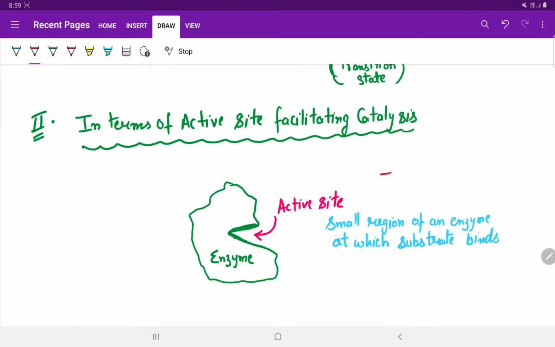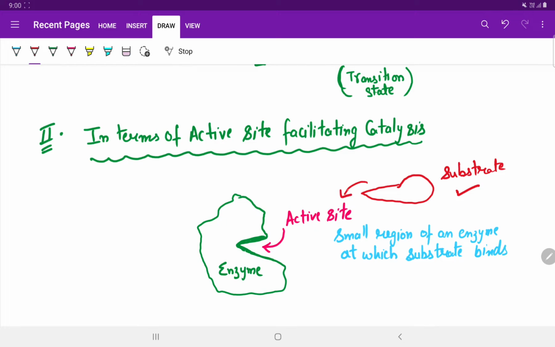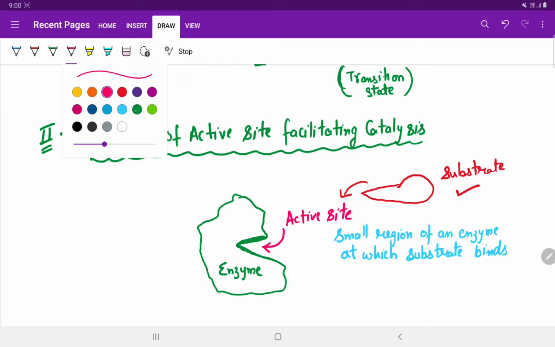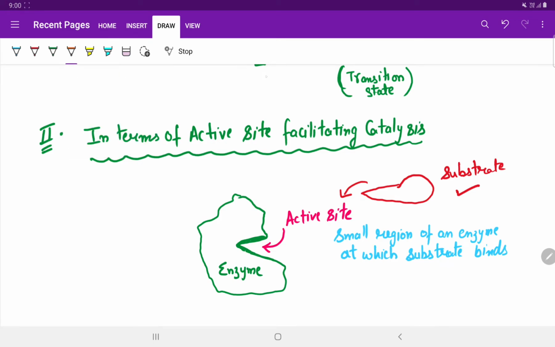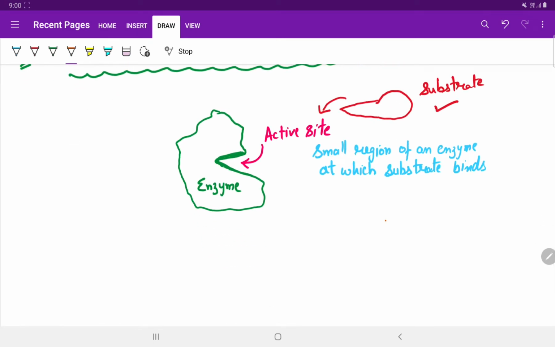For example, if we draw a substrate like this, this substrate can easily bind into the active site, whereas any other substrate which is of different shape cannot bind with the active site due to its irregularity in shape.